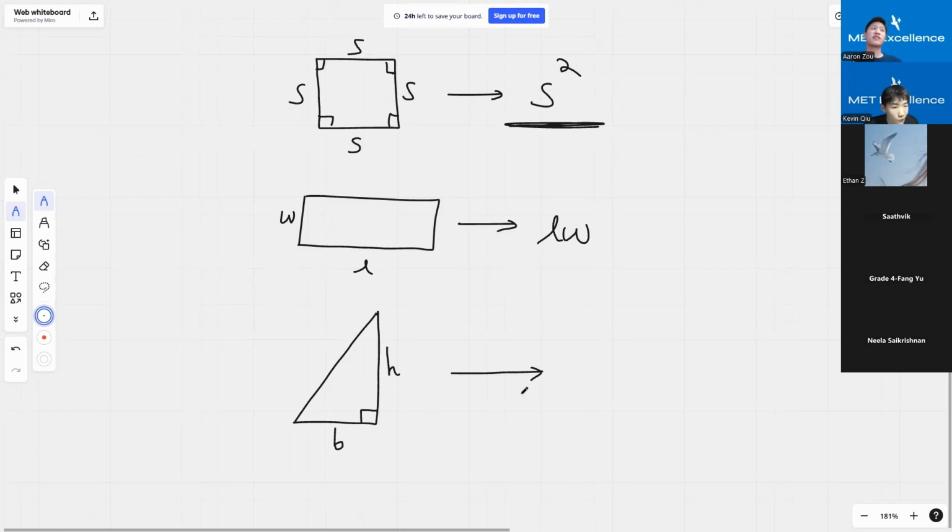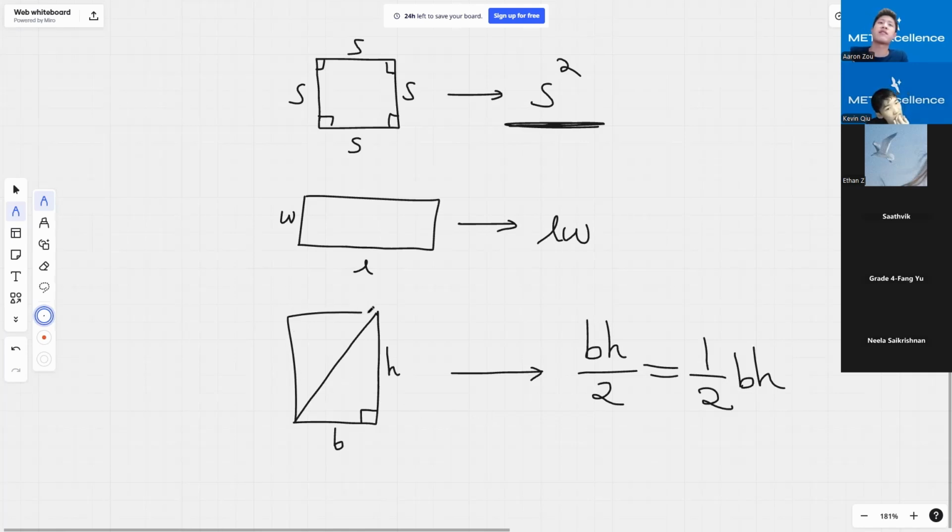Maybe some of you guys don't know this yet, but the area of a triangle is base times height over 2, or 1/2. I like to write it this way, 1/2 base times height. And you can just remember this, but if you want to know why, it's basically half of a rectangle, right? Pretty neat. It's just half a rectangle, so it's half the area of a rectangle.